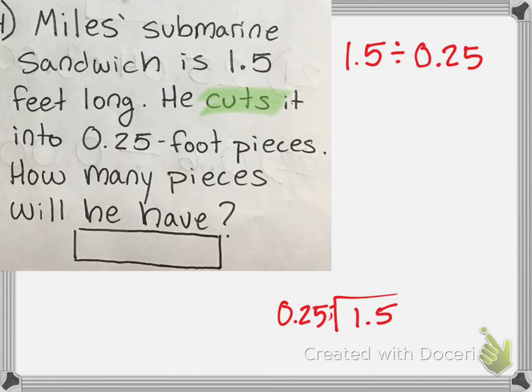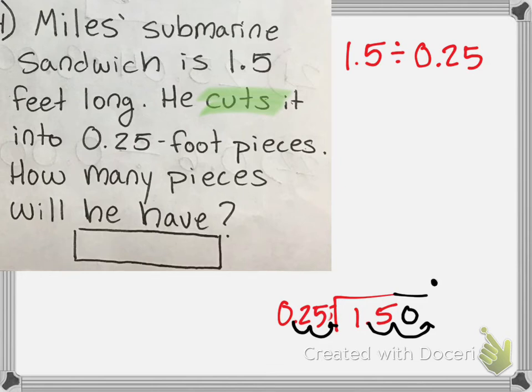So on your fingers, can you guys show me? We move it over twice. Here's the decimal. We go 1, 2, and we're done. But as such, we also have to do the same exact thing to the inside. 1, 2. So I put my 0. So essentially, you guys, what I'm doing is I'm dividing 150 by 25.